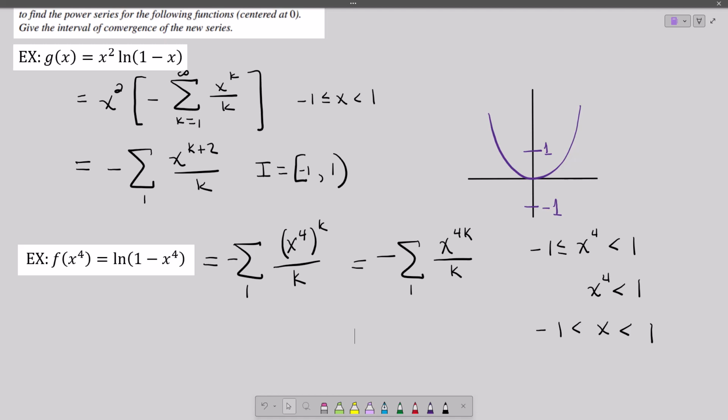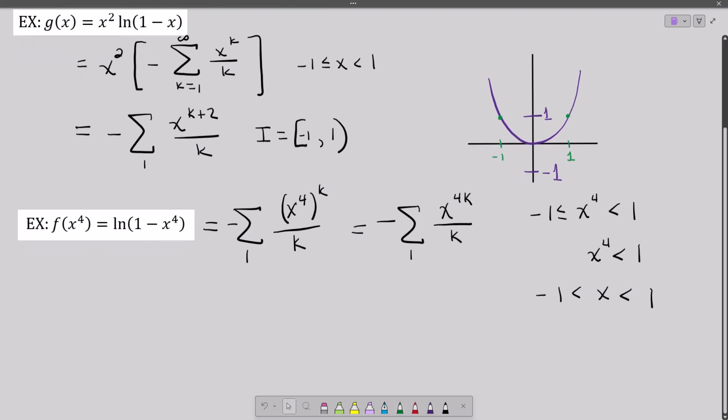As you go out to x equals +1, that's going to correspond to this point up here. -1 is going to correspond to this point up here. We want it to be less than 1, though, not equal to 1. So we want to put parentheses on the -1 and the 1. Make sense? You can do it visually, or you can reason it out. But either way, this is going to be our new interval of convergence.